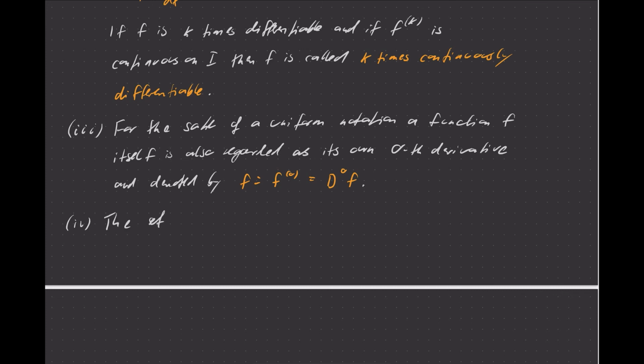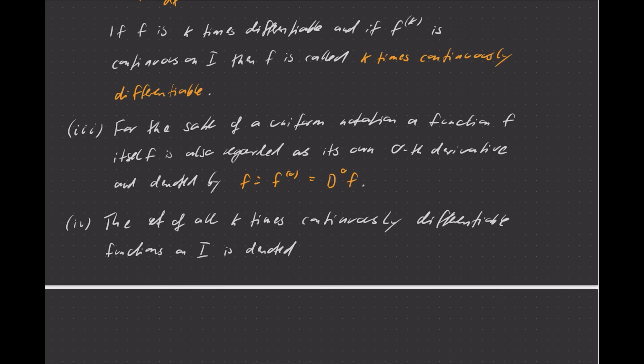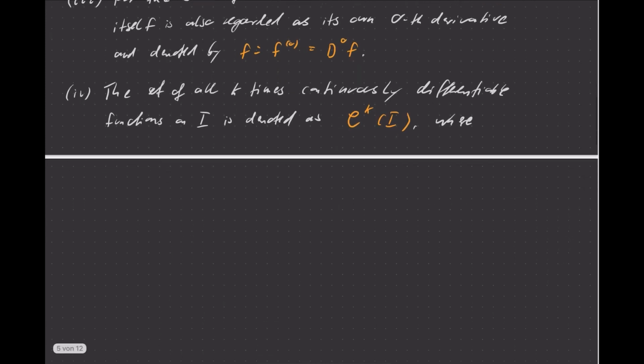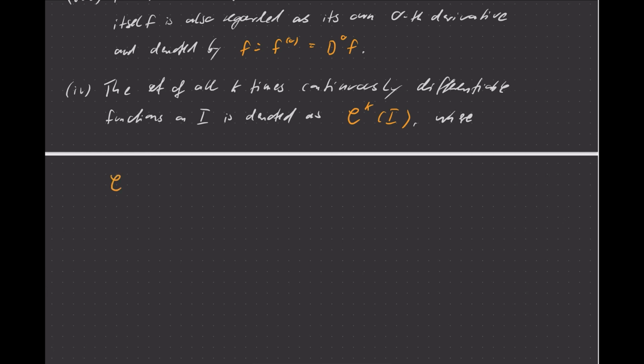So the set of all k times continuously differentiable functions on I is denoted as C to the power of k of I. And as a special case, as you know, C to the power of 0 of I simply is the set of all continuous functions on I.